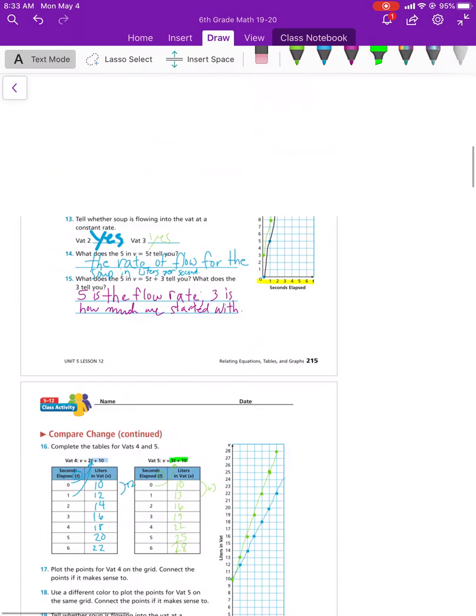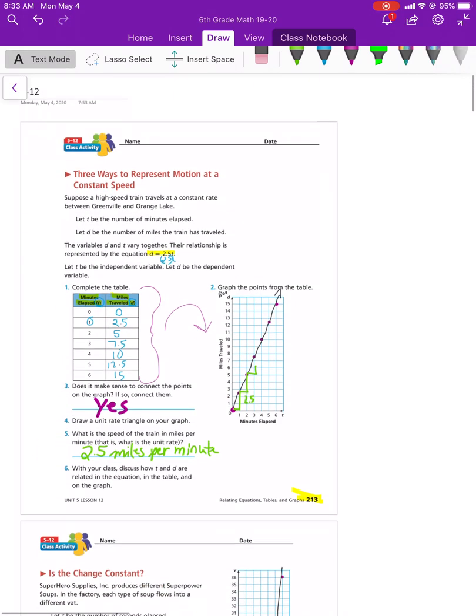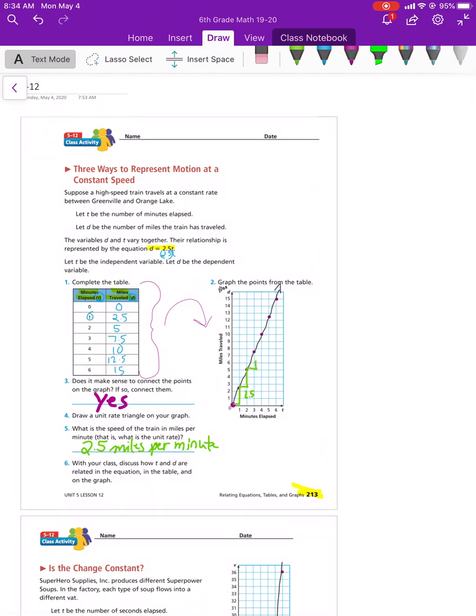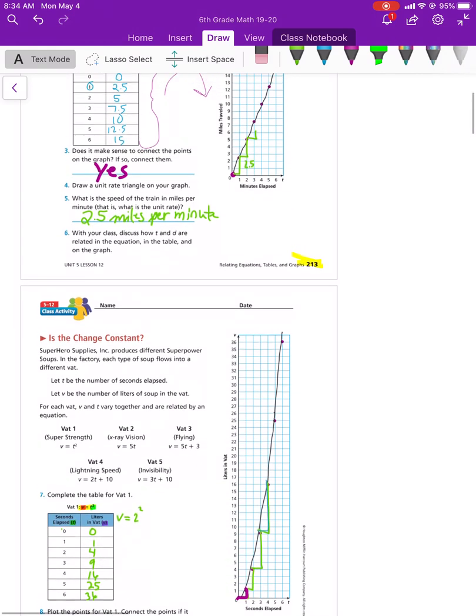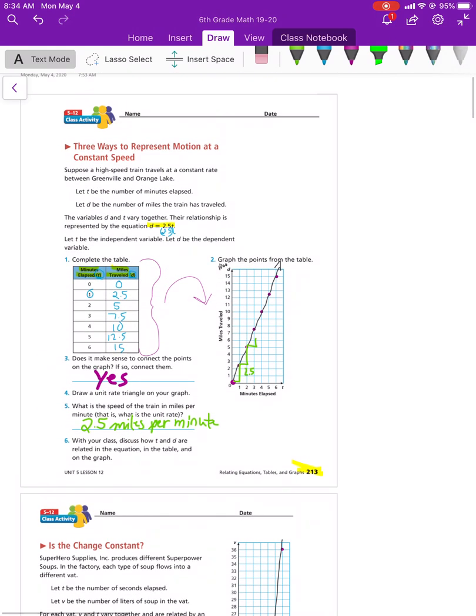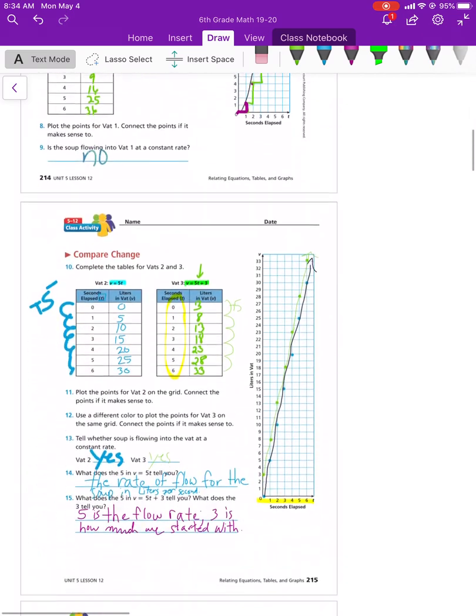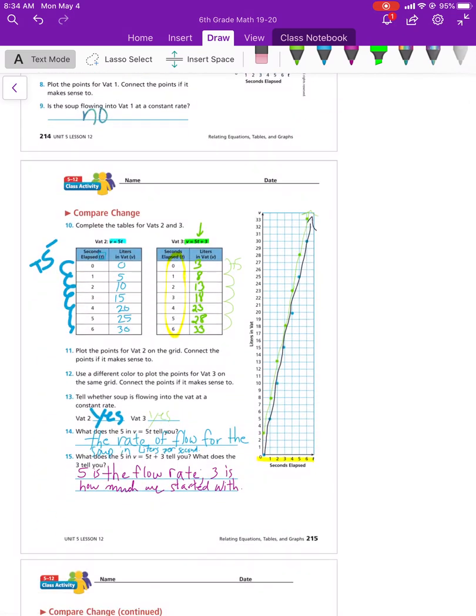And if we go back up to the top where we talk about what is constant, did we talk about constant up here? Maybe not. Oh yeah, here it is. No, we really didn't. So constant, anything that is constant means that it's moving at a rate that does not change. There's no change in this.